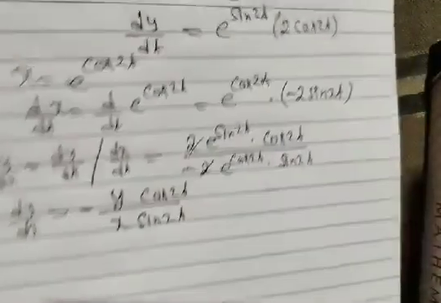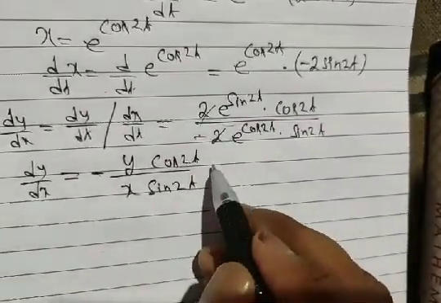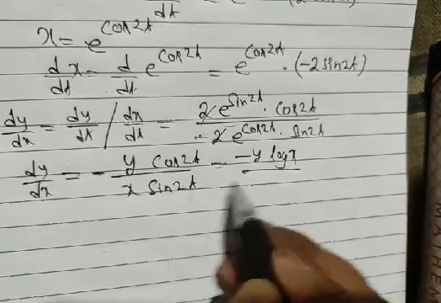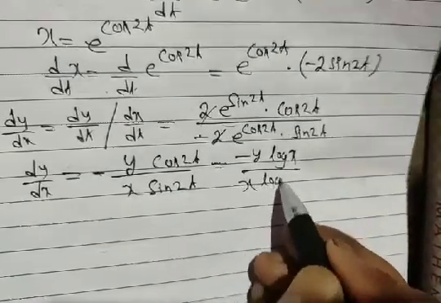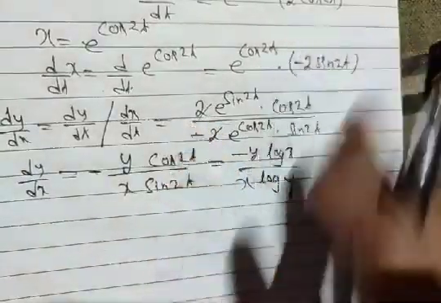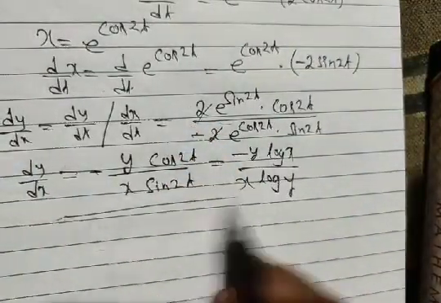Then we substitute our values. Our cos 2t is log x and sin 2t is log y, so we get minus y log x upon x log y. Now we get the required result.